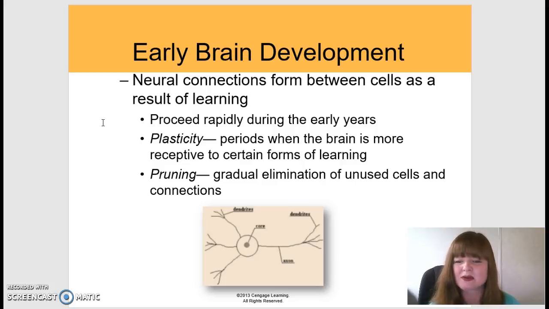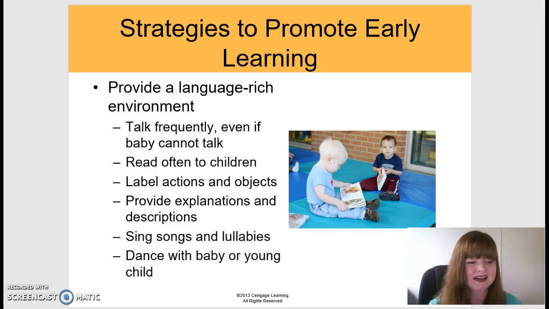And then also pruning is the gradual elimination of unused cells and connections. In early childhood, we want to really emphasize experiences, different languages, different activities, so that we decrease the chances of this pruning occurring. So we want to really build that brain early on.